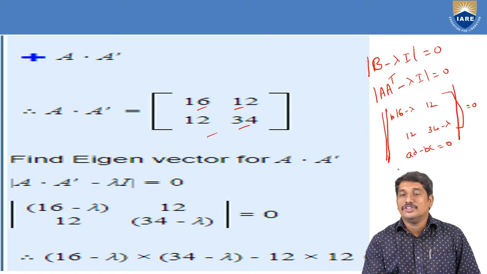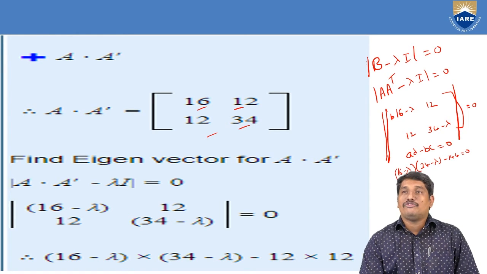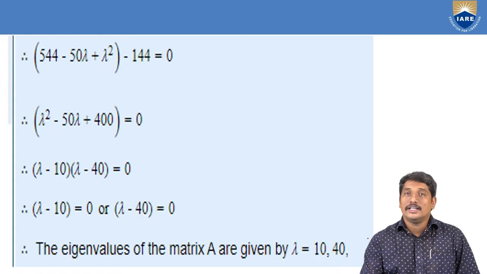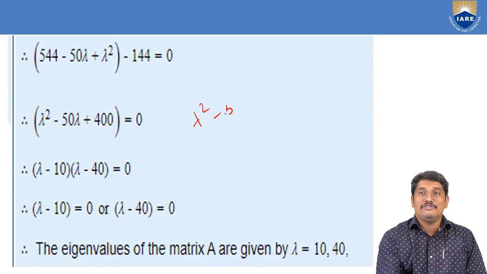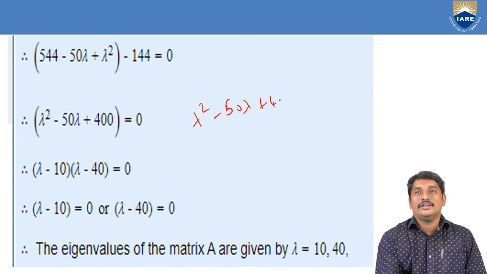We get the equation (16 minus lambda)(34 minus lambda) minus 144 is equal to 0. After simplifying this, we get a polynomial, which is lambda square minus 50 lambda plus 400 is equal to 0.